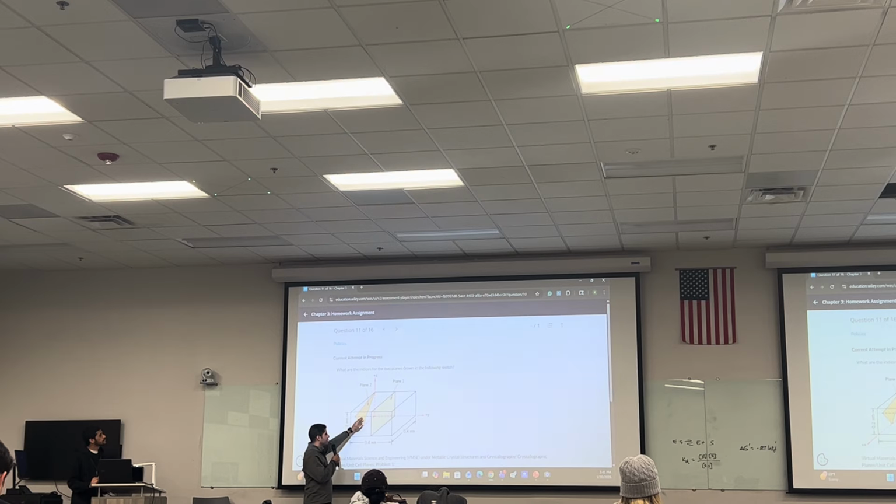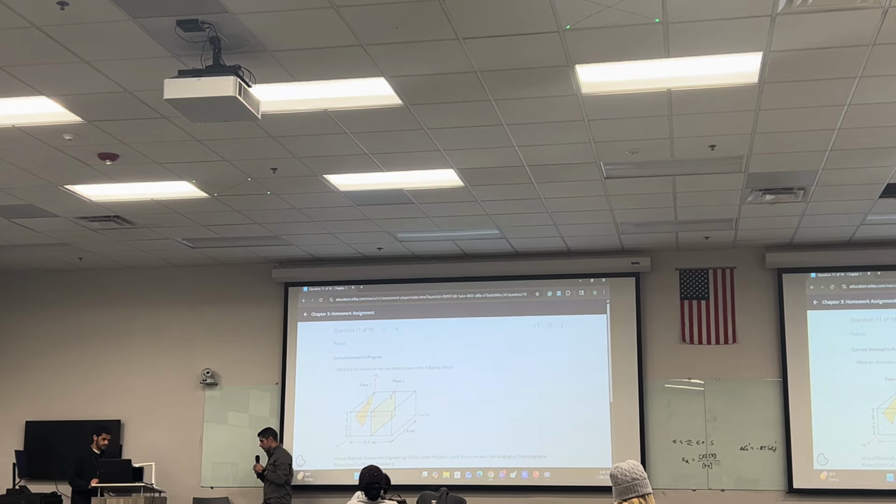For example, here it crosses the x-axis at this point, so we find this coordinate, and that's the point where it crosses the y-axis, right?